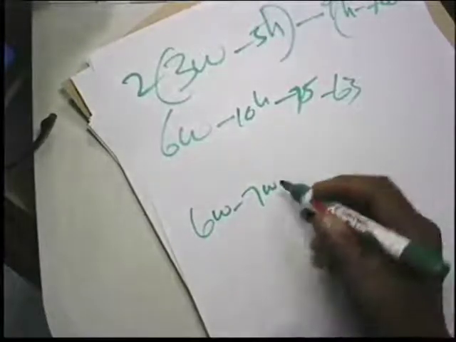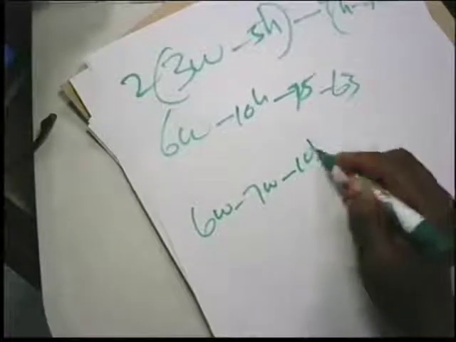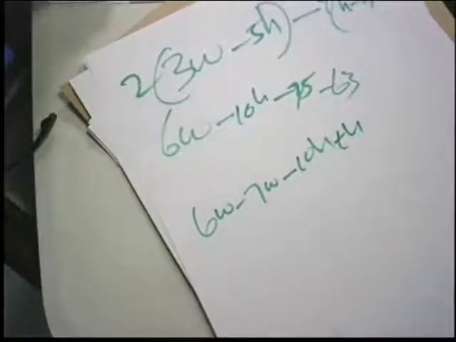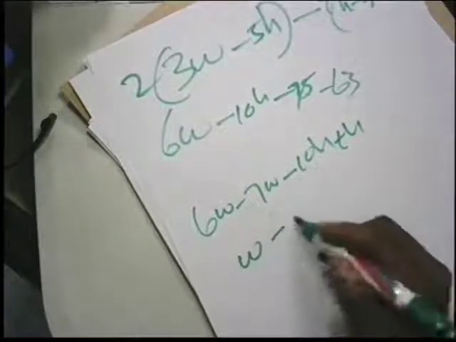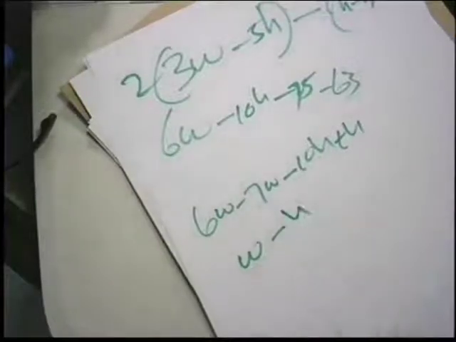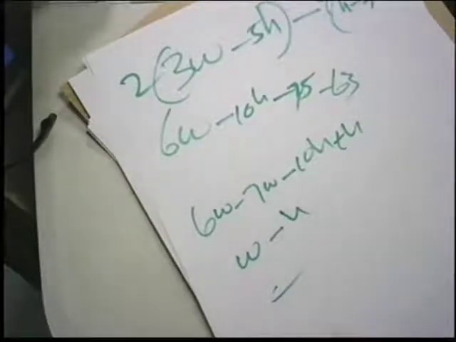We have minus 10h plus h, and so on. So here will now be w minus, let's say 8. Then you can solve it, because you cannot say you should factorize. We collect the like terms, then we take it out. Those are the things I want you to understand.